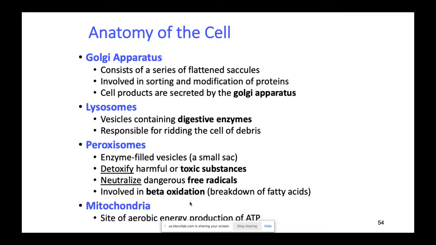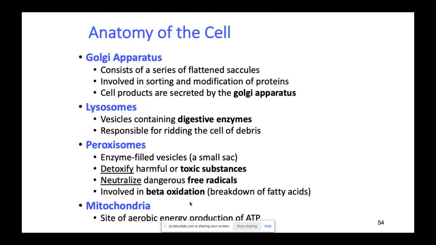They help to neutralize dangerous free radicals. When you have oxidants or free radicals roaming around, you could damage your DNA. And that's where oxidative damage could be so damaging, but that's why we eat foods with antioxidants to neutralize those. Peroxisomes are also involved in something called beta oxidation.